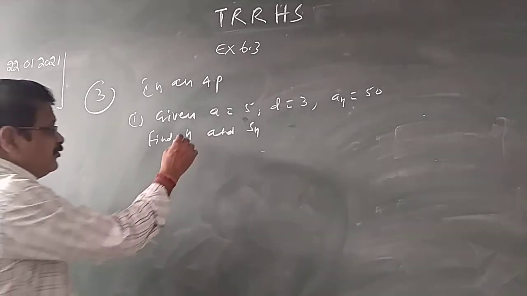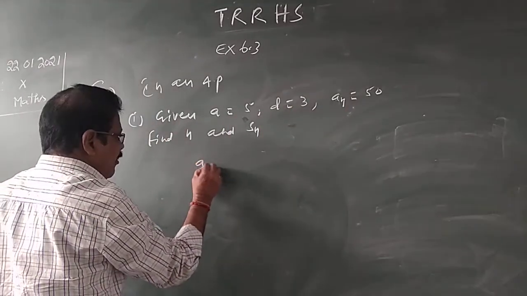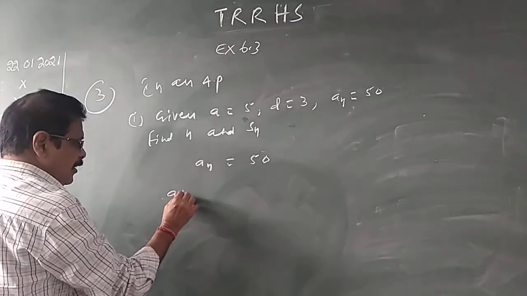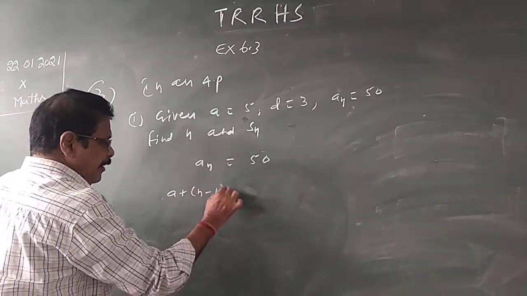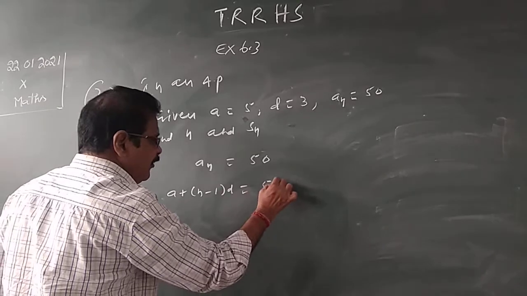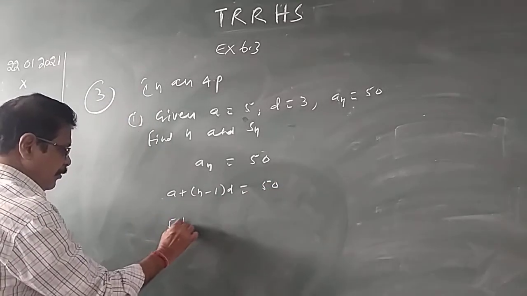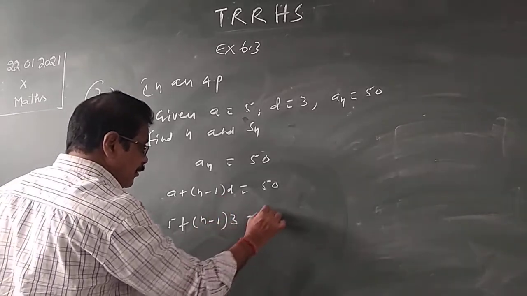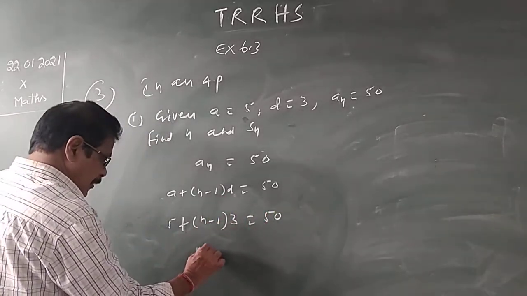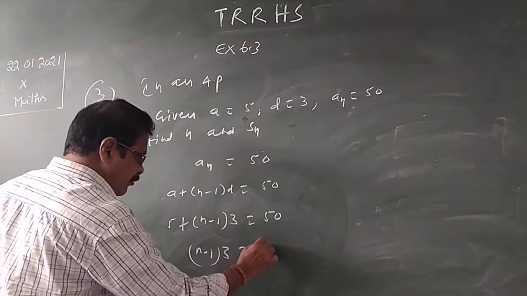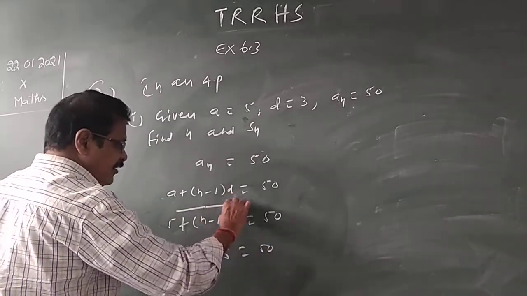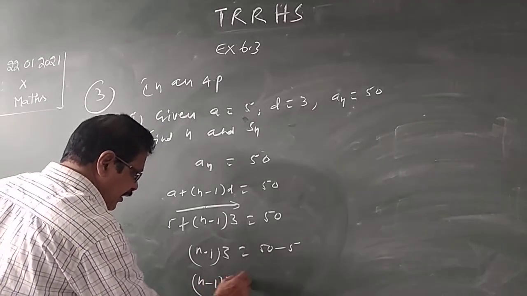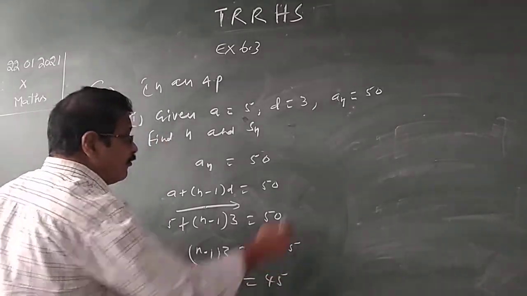an is how much? First find out. an is equal to 50. The an formula is what? a plus n minus 1 into d is equal to 50. Substitute a value: 5 plus n minus 1, d value is 3, that equals 50. n minus 1 into 3 is equal to 50 minus 5, shifting to the right side becomes minus 5. n minus 1 into 3 is equal to 45.